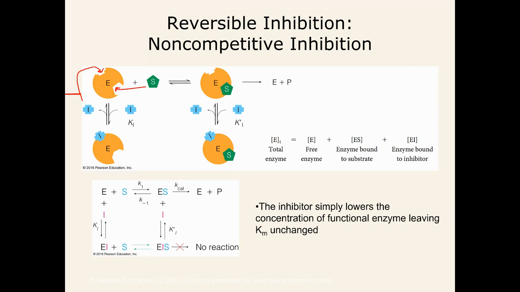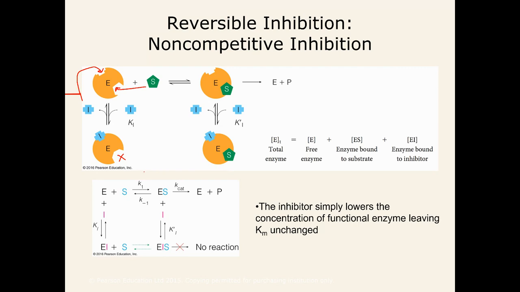And so what will happen is that you have a competition, not a competition, excuse me. The inhibitor binds, and now notice what happened. It changed shape, right? So you can't bind the substrate. In other words, you're taking out the enzyme.